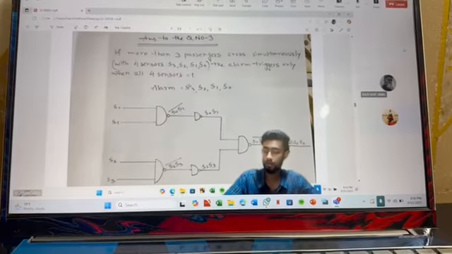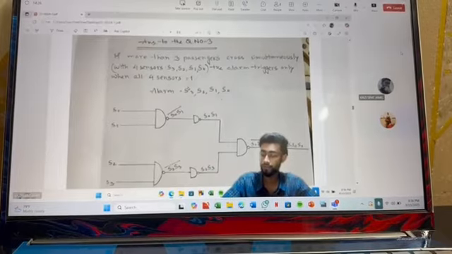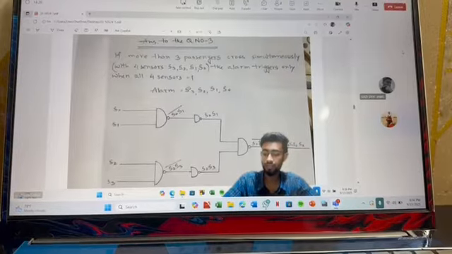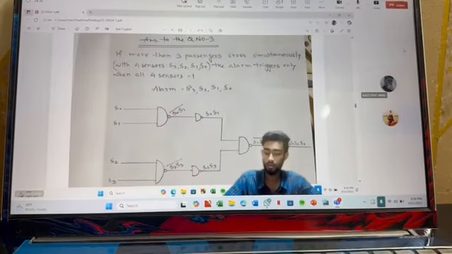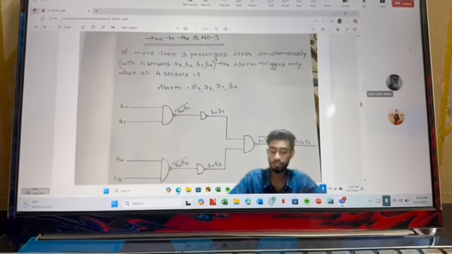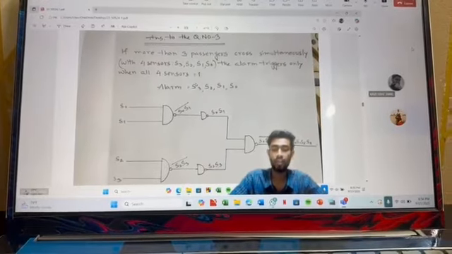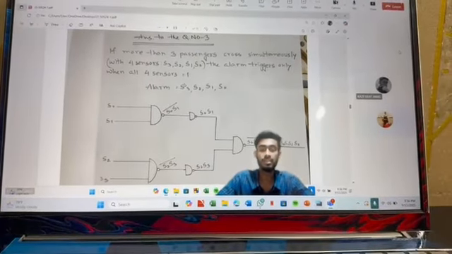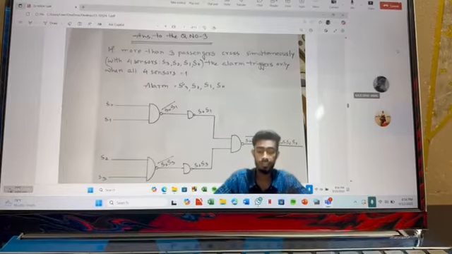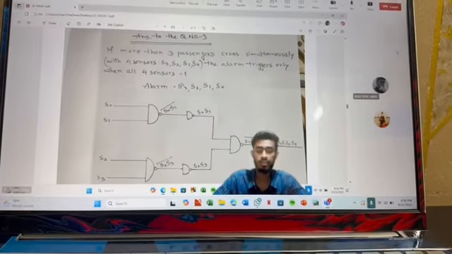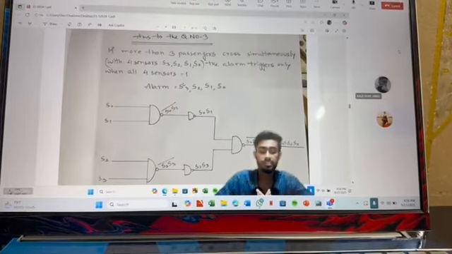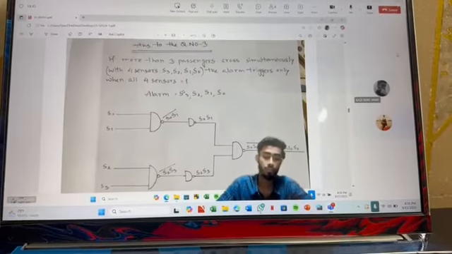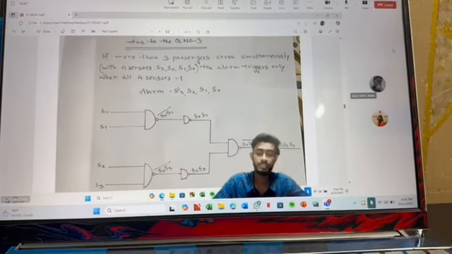Okay. Now our third question was that the alarm should trigger if more than 3 passengers cross simultaneously. On the screen it says that safety is a top priority, so we included an alarm system.